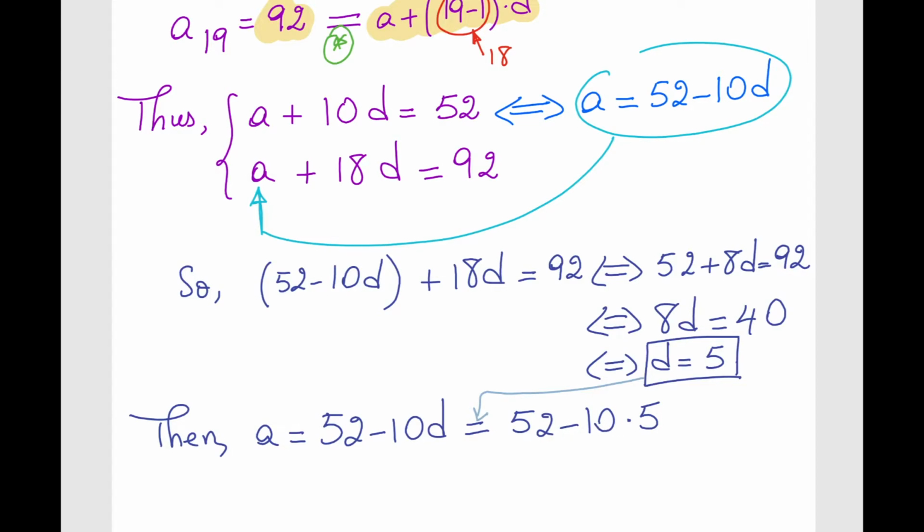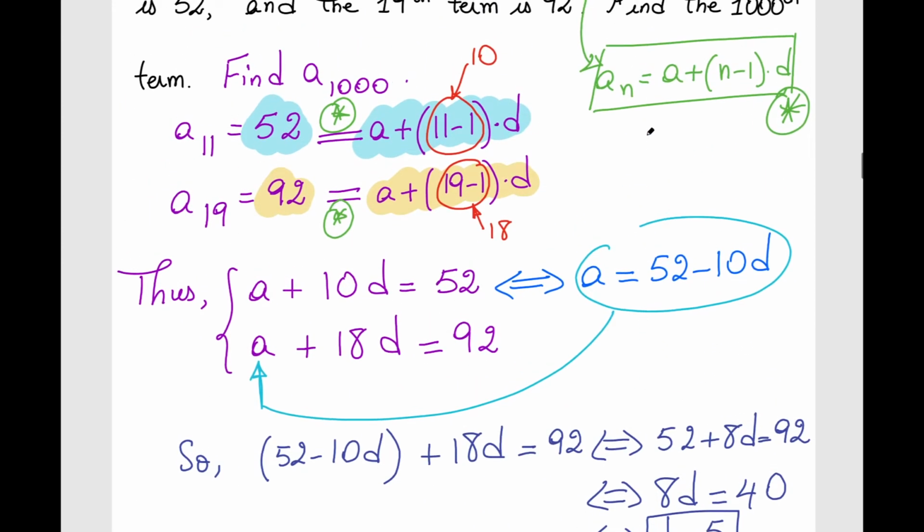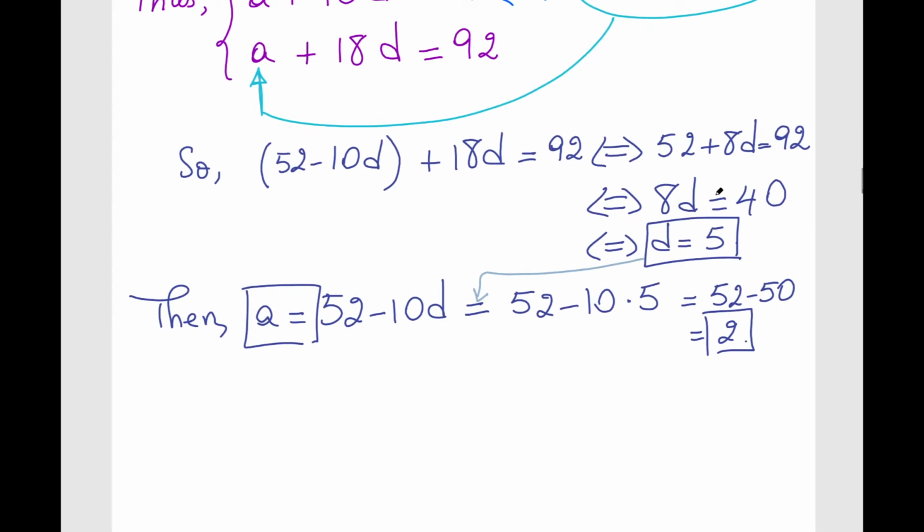And this is how much? This is 52 minus 50, which is simply 2, correct? So a is 2. So d is 5 and a is 2. So we can rewrite this where I know what a is in my context, and I know what d is in my context. So it follows that.